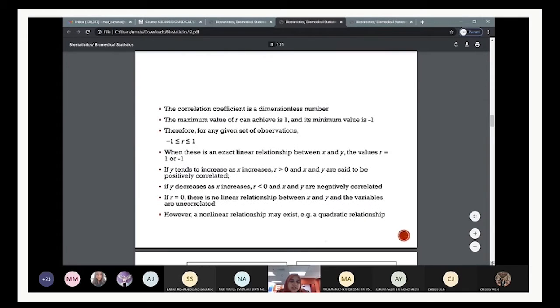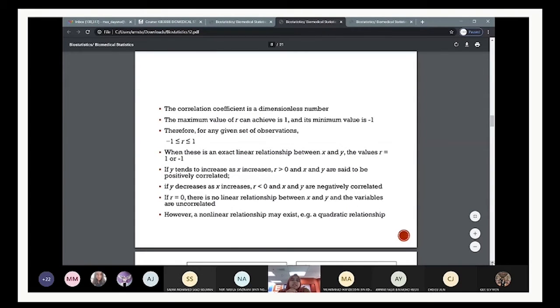The correlation coefficient is a dimensionless number, so it doesn't have a dimension. The maximum value of R can achieve is 1, and we can go to -1, where we can say a negative correlation. So for any given set of observations, you should be able to find an R value from -1 to 1.